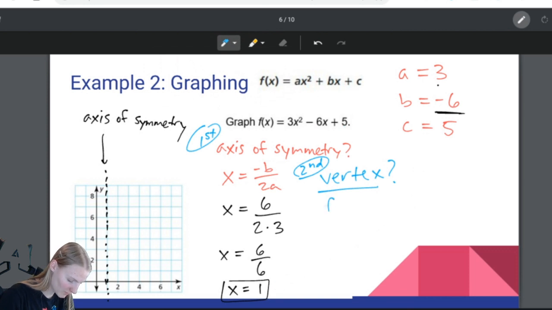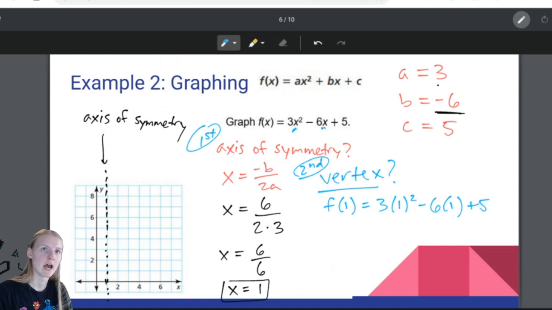So I'm going to take f of 1, and everywhere I see an x in here, it turns into a 1. 3 times 1 squared minus 6 times 1 plus 5. And now, we use our handy dandy calculator, or your mind, whichever works best.